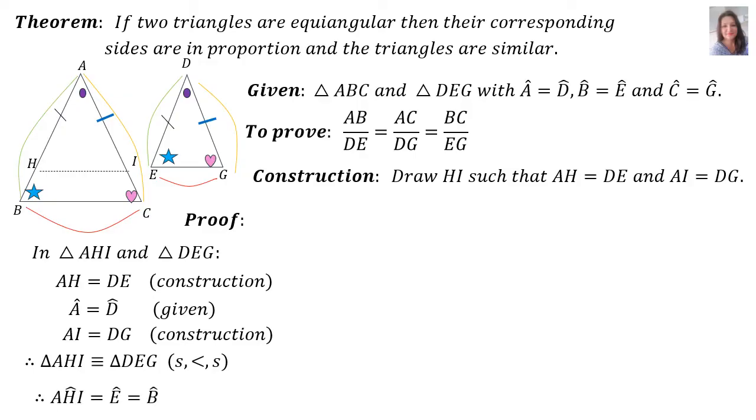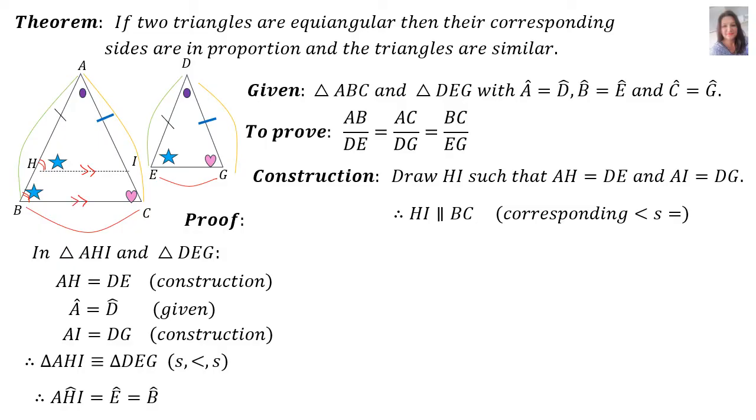Then we know that angle AHI is equal to angle E and equal to angle B. So it's this little star at H is equal to the star at B. And because they are equal, we can say that HI is parallel to BC.